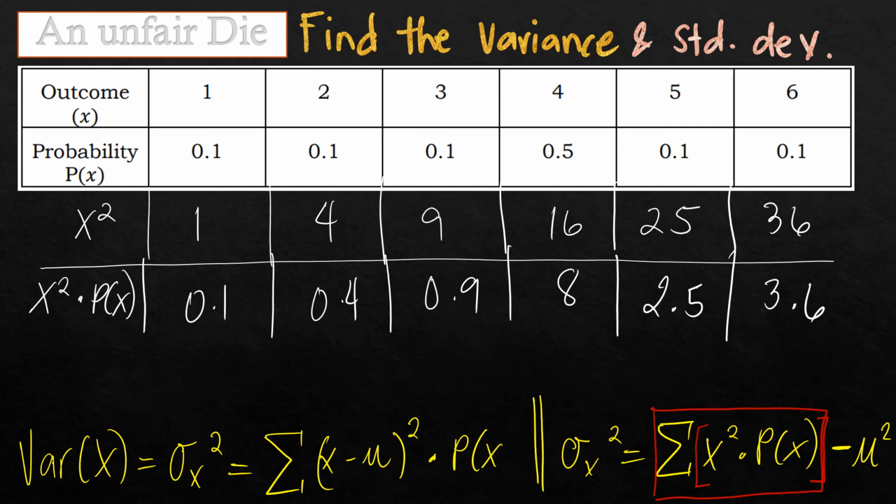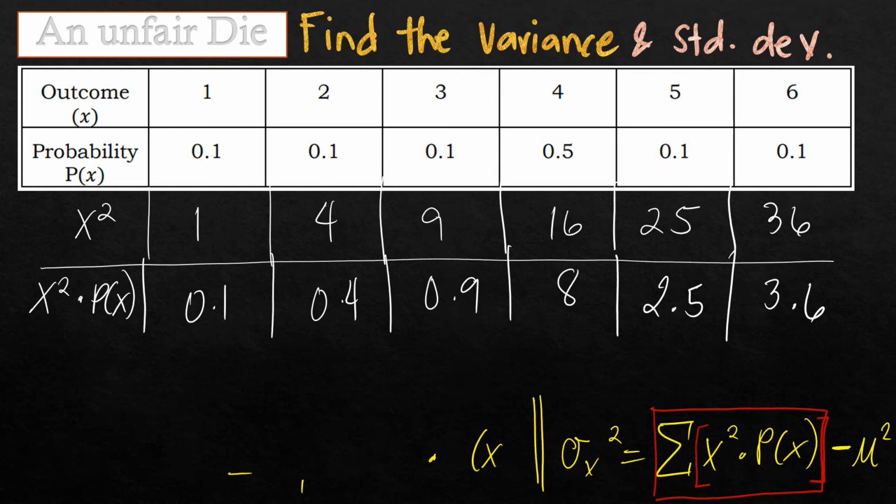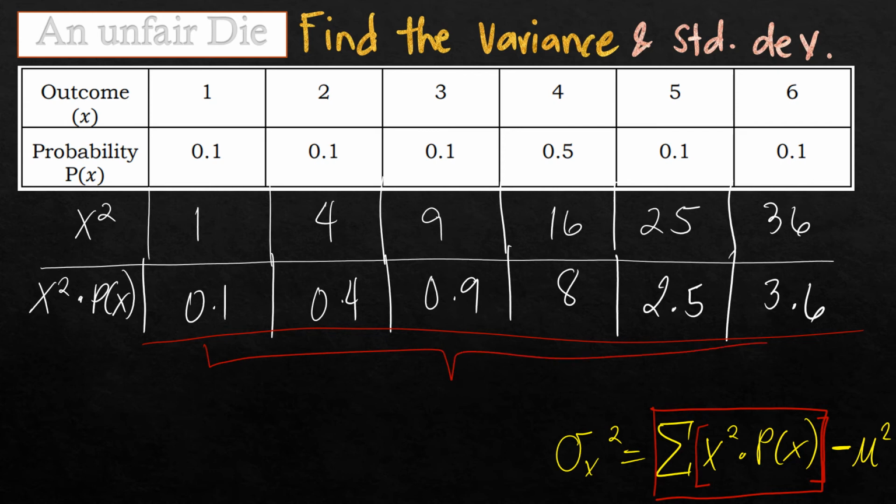So we need to add all of them: 0.1 plus 0.4 plus 0.9 plus 8 plus 2.5 plus 3.6.